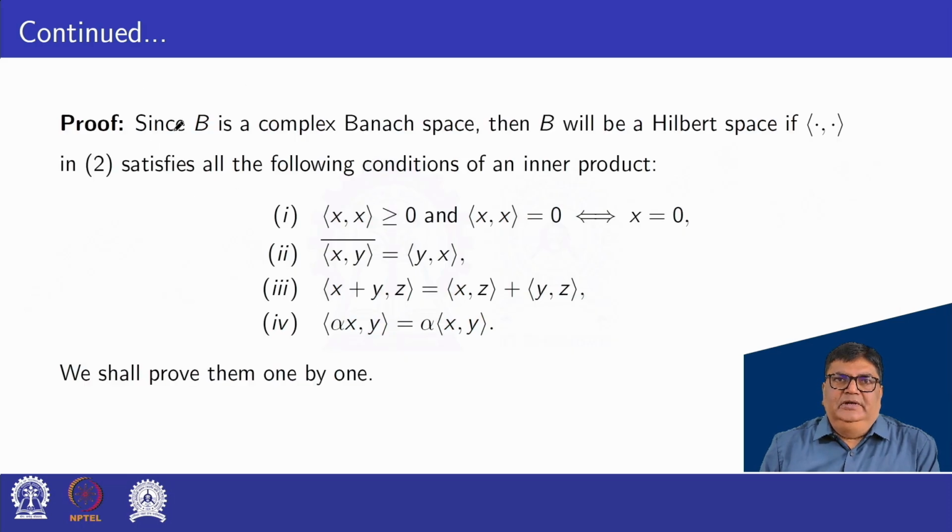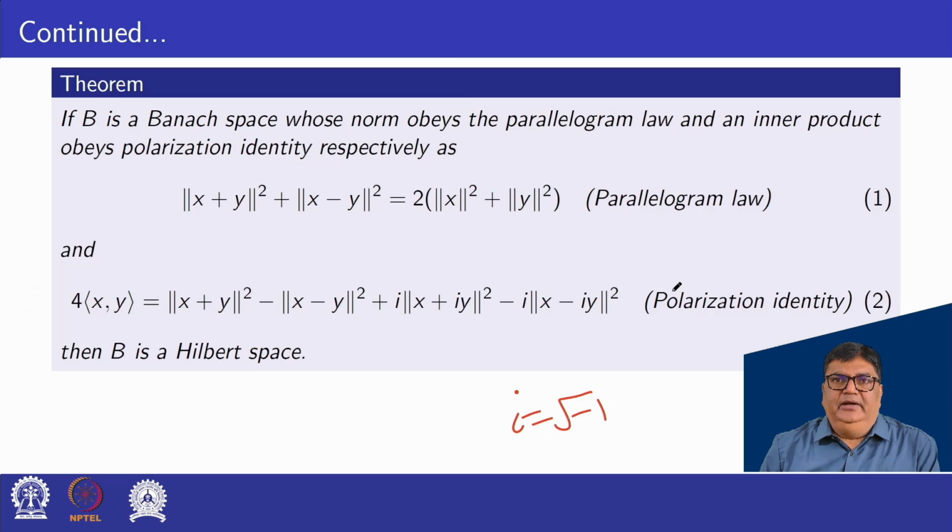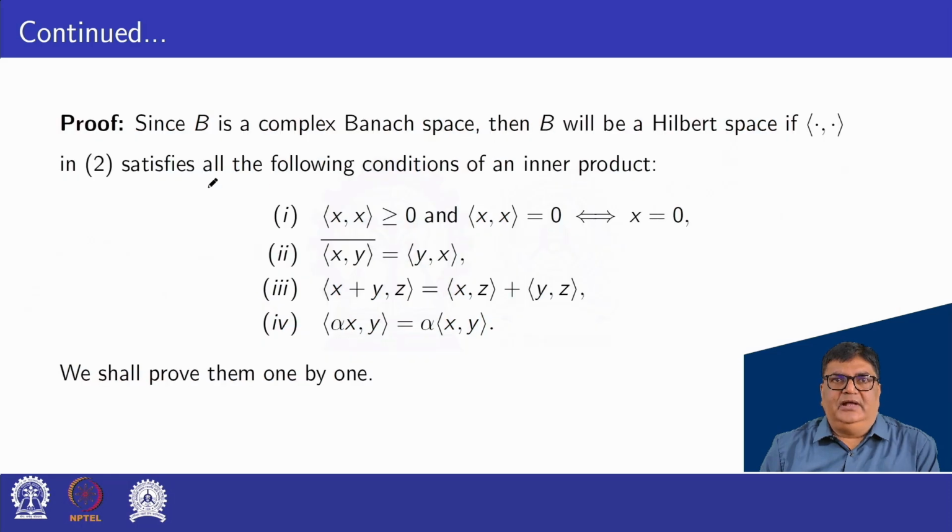Proof: since B is a Banach space, then B will be a Hilbert space if the inner product defined in equation 2, that is the polarization identity, satisfies all the following conditions of an inner product. First, inner product of xx is greater than or equal to 0, and inner product of xx is equal to 0 if and only if x is equal to 0.